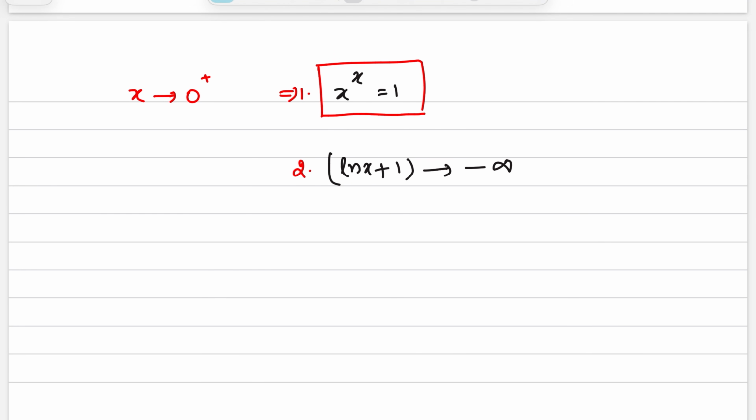That implies x to the power of x is equal to 1. Please note this. This is the first observation. Second observation is ln x plus 1 will be tending to minus infinity.